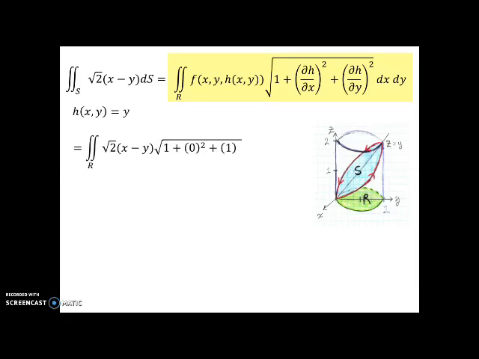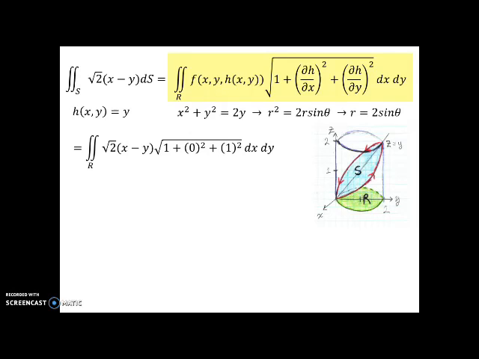We still have root 2 times x minus y, and then fortunately the partial of h with respect to x is 0 because there's no x in our h formula, and the partial of h with respect to y is 1, and so we get a nice square root of 2 for changing from dS to dA, and so the root 2 times root 2 becomes just 2.